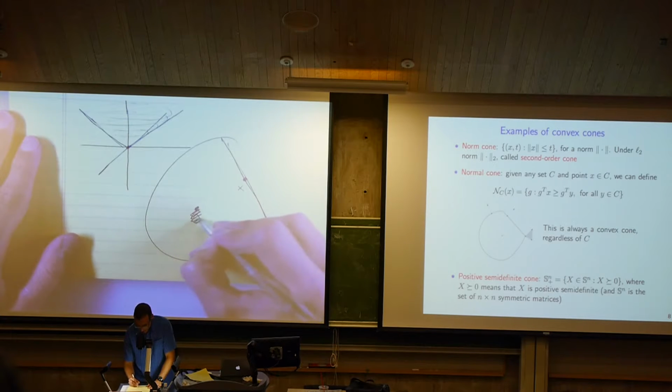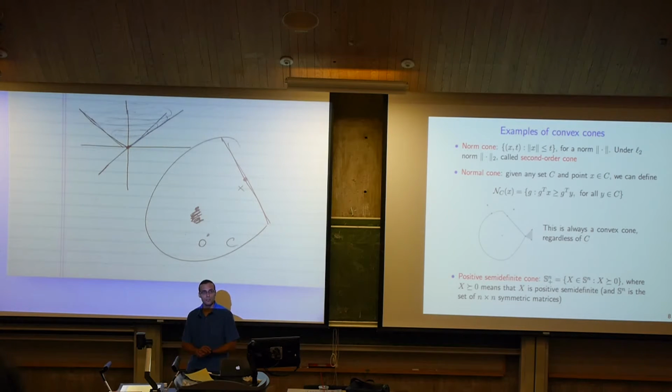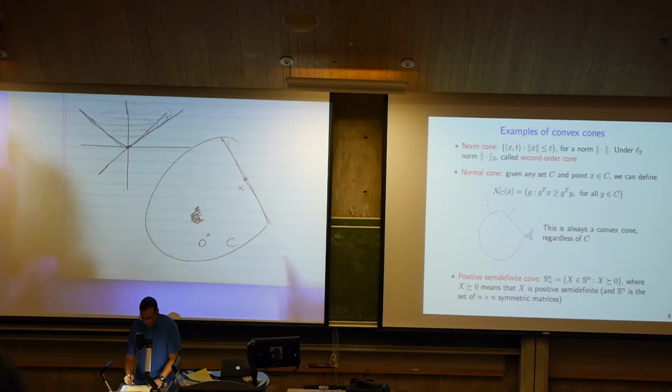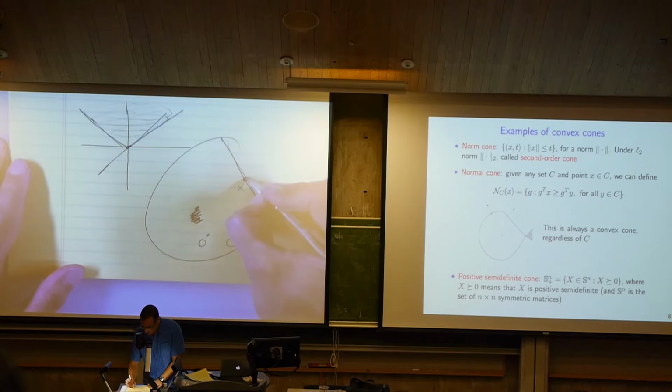Let me change where 0 is to make this a little more generic. Suppose 0 is down here. What vectors have the property that the inner product of that vector with x is biggest? It should leave perpendicular, in a sense, to the boundary of C.